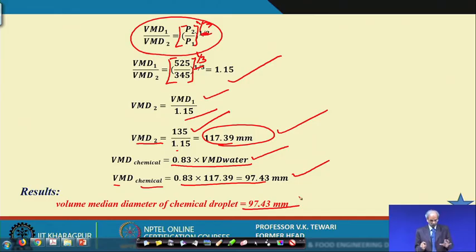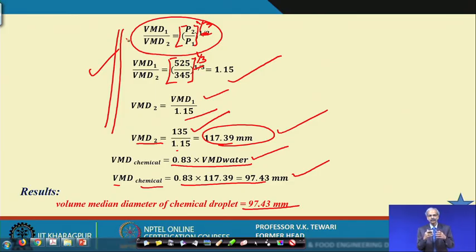This is how, very simple, only thing you must have your concepts clear so far as the volume median diameters are concerned. And I think through these 4 problems, what we have discussed is we have enhanced your knowledge related to the sprayers and the details of sprayers: what is the pressure maintained, what is the overlap, what is the nozzle spacing, how do you test them, and how do you find out the different parameters.